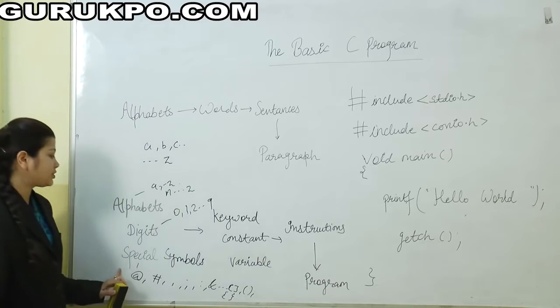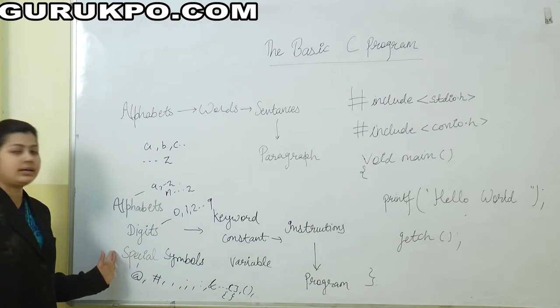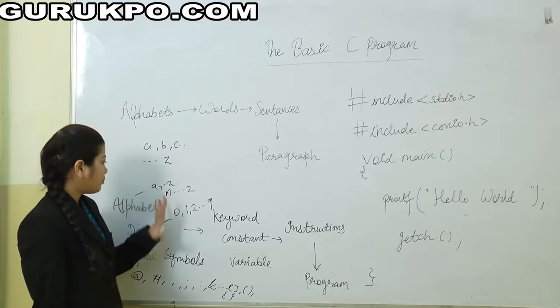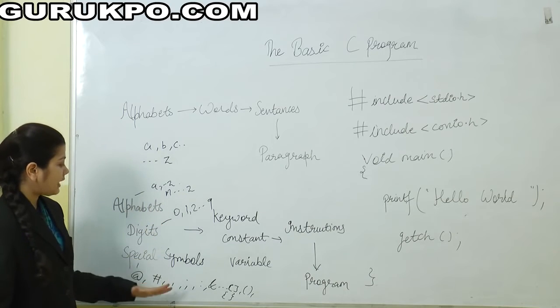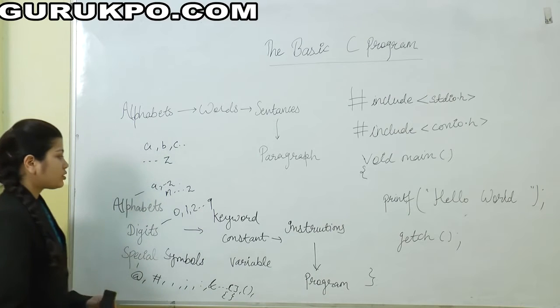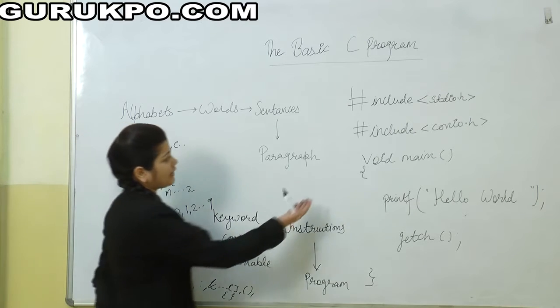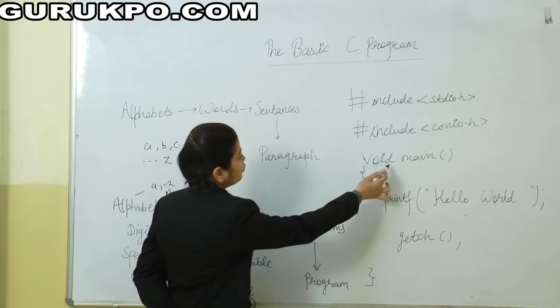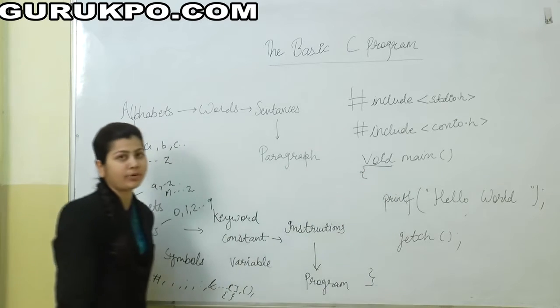The combination of alphabets, digits and special symbols makes the variables, constants and keywords. For example, void is a keyword in the C program.